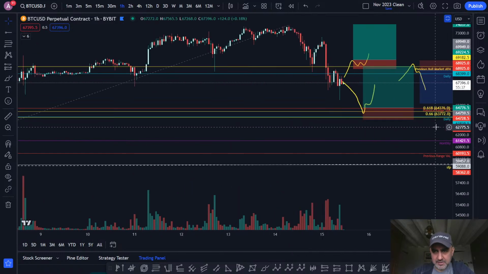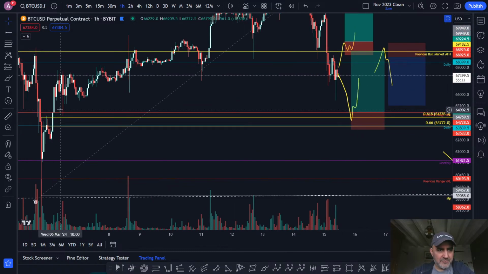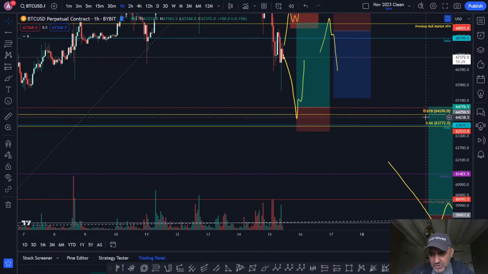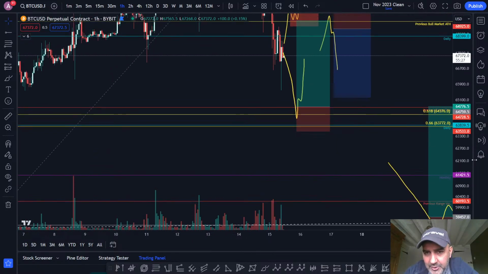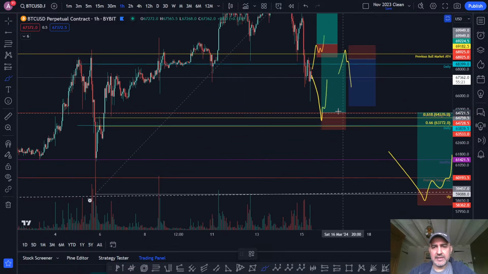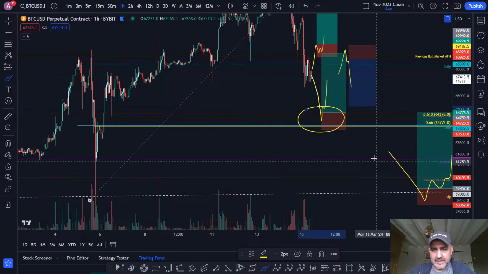Look, see that? Golden pocket, daily level, swing failure of this low, and you have the previous range value area high, all in the same place. See that? Here, all there. And what you're doing is you're just taking the liquidity from this lowest pivot here into the golden pocket, into the daily level.